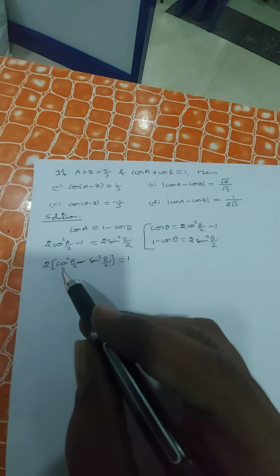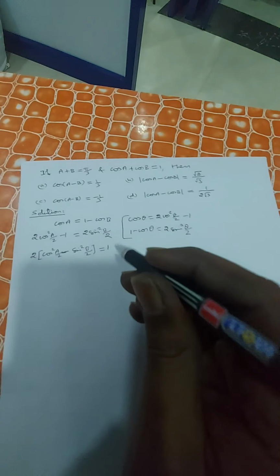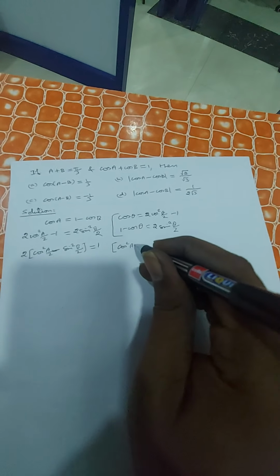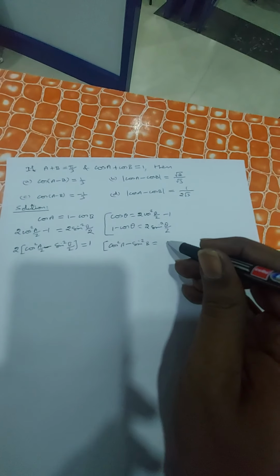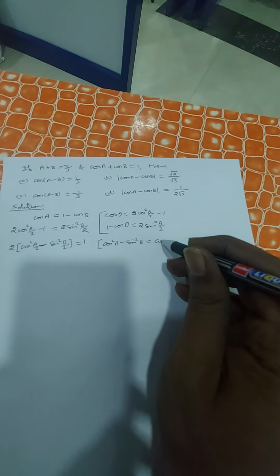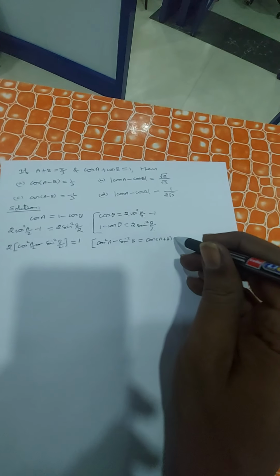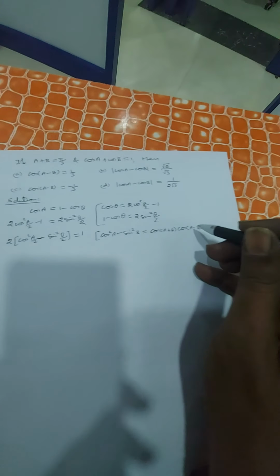Now it is in the form of cos square a minus sin square b. So we have another formula: cos square a minus sin square b equal to cos a plus b into cos a minus b. Now we can use this formula here.